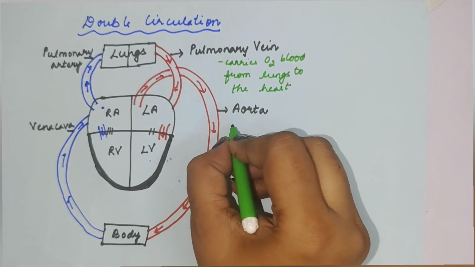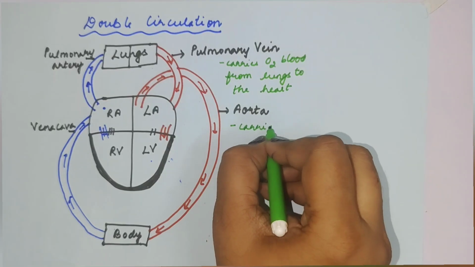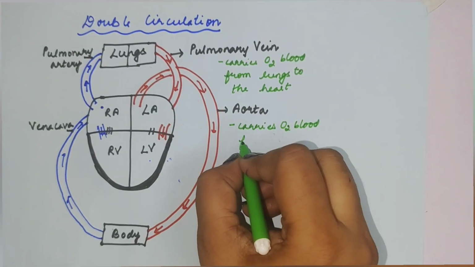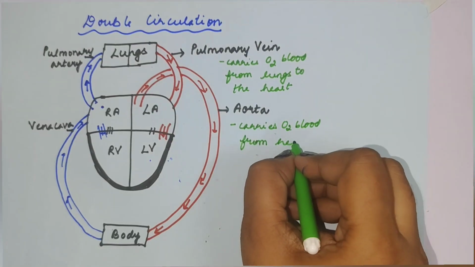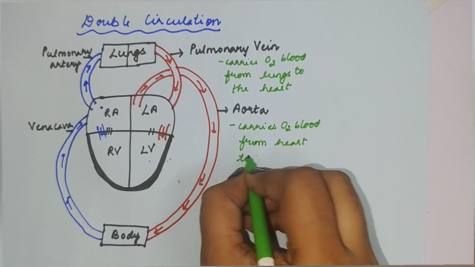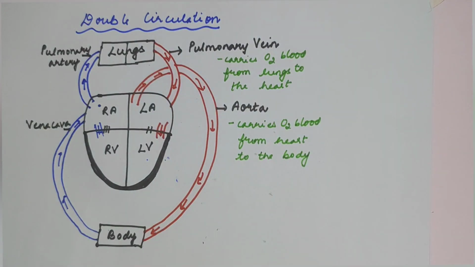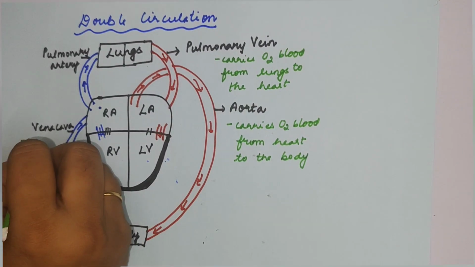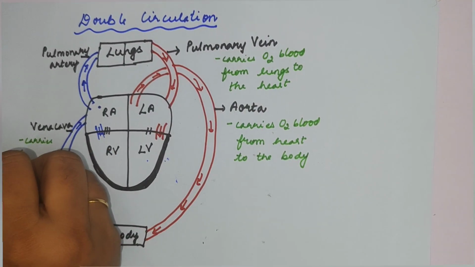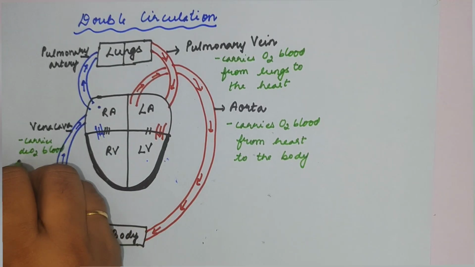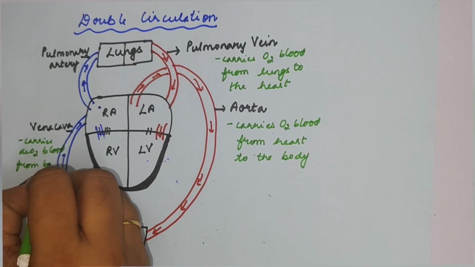and the exchange of CO2, which is a waste product, will be done in the blood, and now the blood will contain less amount of oxygen and more amount of CO2, and this blood is now known as deoxygenated blood, which is carried by the vena cava to the right auricle of the heart.